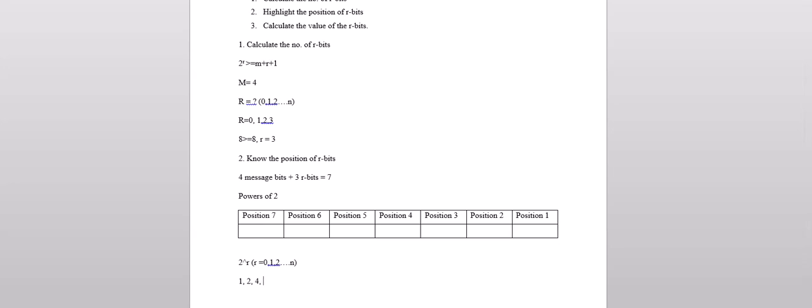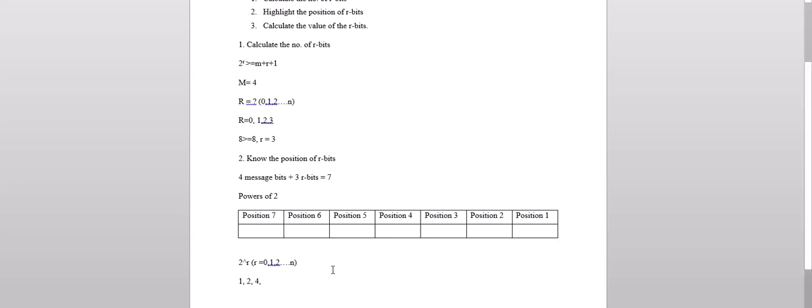When R is 3, 2 raised to 3 will be 8, and so on. Obviously we don't have to go beyond position number 4, because the next power is position number 8, and our entire number of bits does not count for 8. So we just stop at 4.